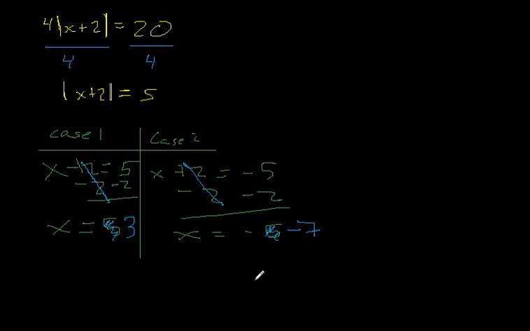When you get to this point, you have two solutions for x. You've got to make sure and check that they actually work. So you throw them back into the original equation.